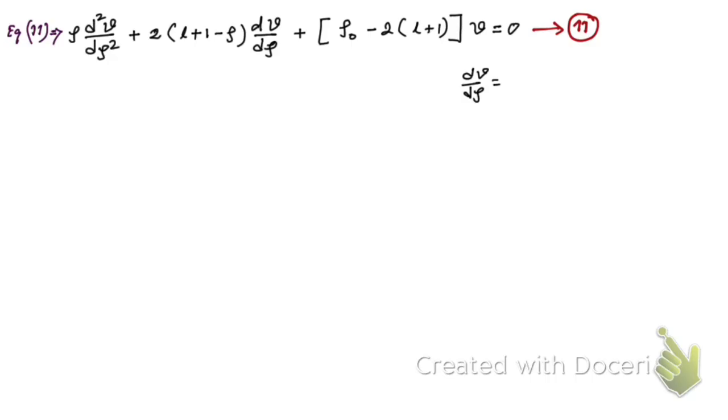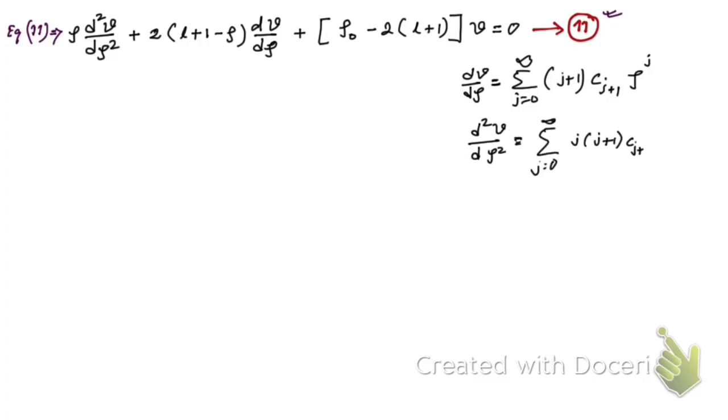I have written equation number 11 as it is, so that I don't need to go back to the previous slide again. And what are the results we have obtained? Let me write those two. Okay, these are the results we have obtained that we are going to use in equation number 11. Let me just take a second.